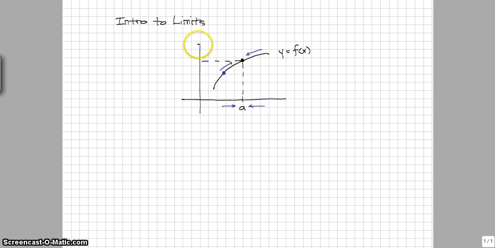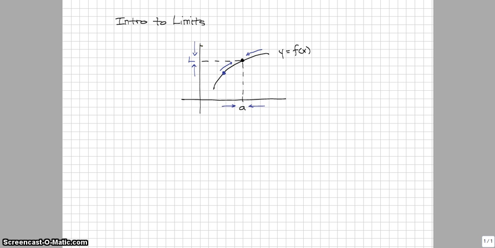And as a result, we're also going to be approaching some output value from both the bottom and the top, and that output value we're going to call L, and that will be the limit for this function.